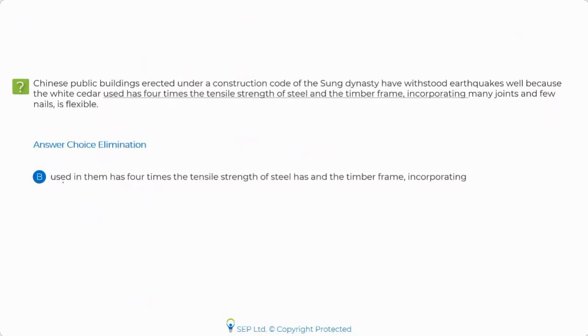Till used, it's the same. In them, now you have to ask yourself, do we need this? If you don't need it, probably it is redundant. Used has 4 times the tensile strength of steel. If you say strength of steel, it means strength that steel has, right?